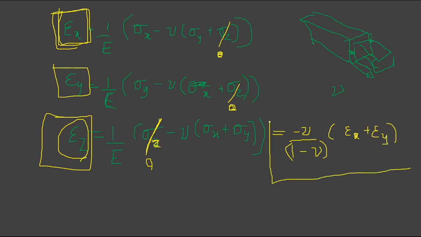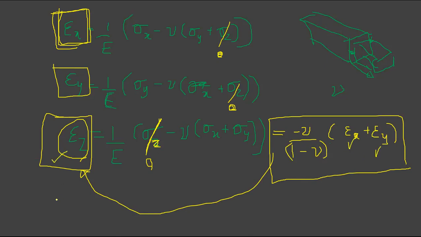This is valid under plane stress conditions, right? Okay, so this equation you can use under plane stress conditions, because then epsilon x, epsilon y and epsilon z are directly related, right?